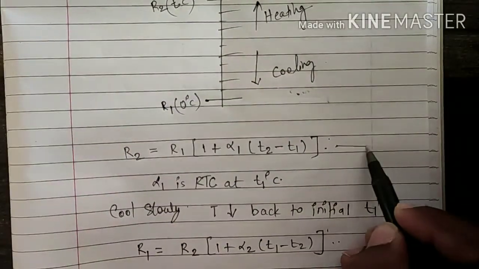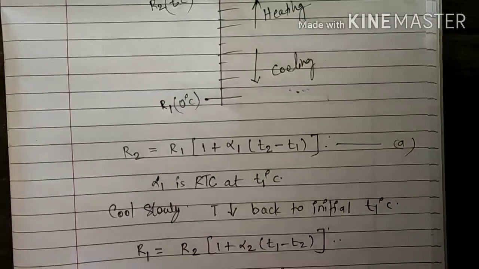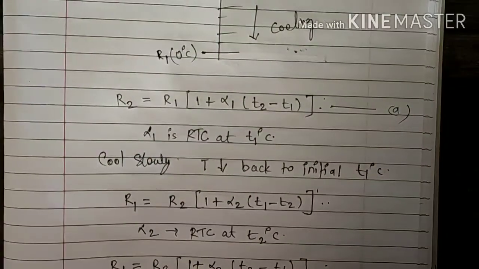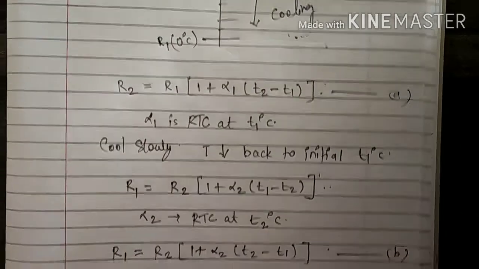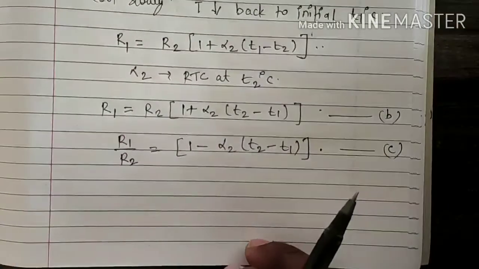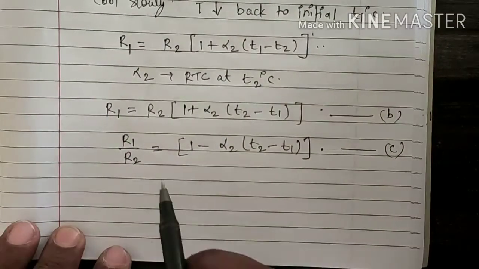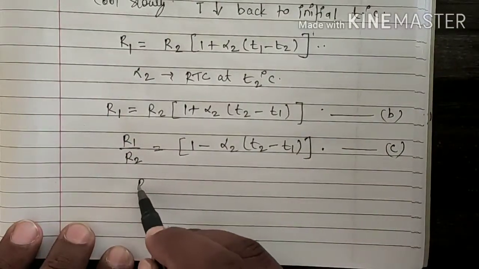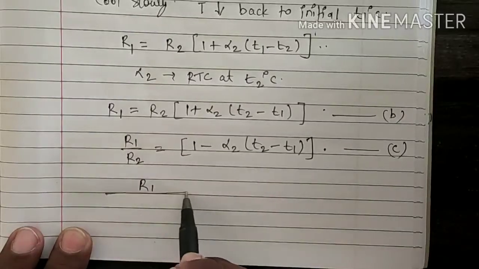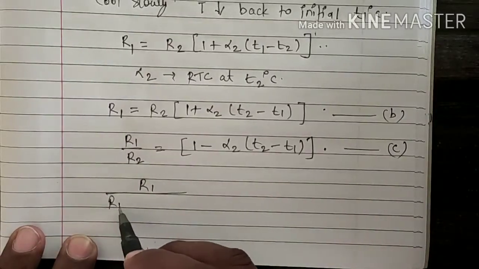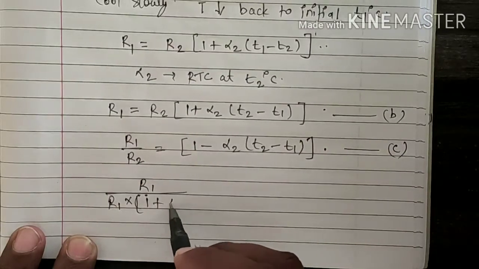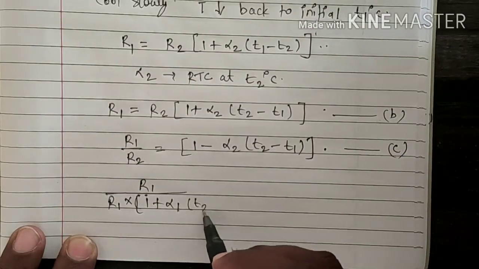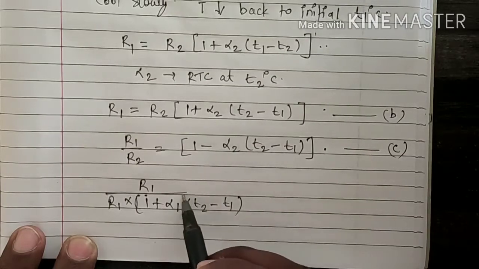Let's suppose this is my equation A, and this is my B and C. After substituting, I'll directly write R1 divided by R1 times the bracket of 1 plus alpha 1 times T2 minus T1.